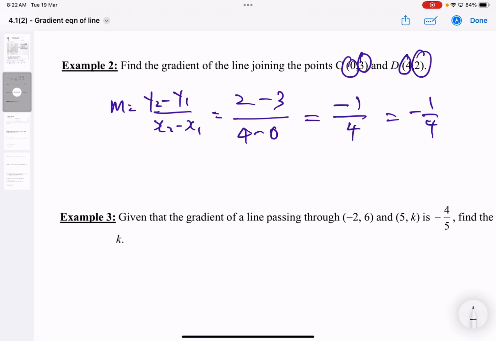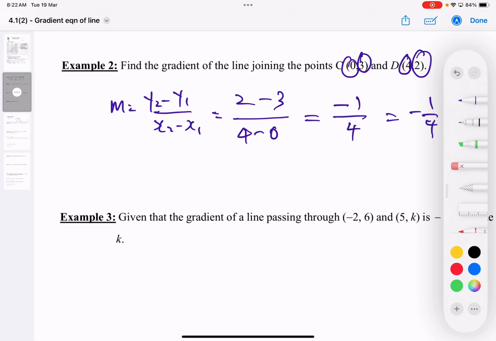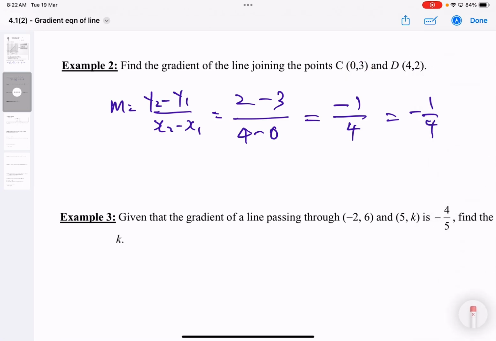Now I want you guys to try something. Because sometimes when you do something, then you learn from it. In this example, I actually took this as my y2. I took 2 minus 3 divided by 4 minus 0. What if we took 3 minus 2 divided by 0 minus 4?